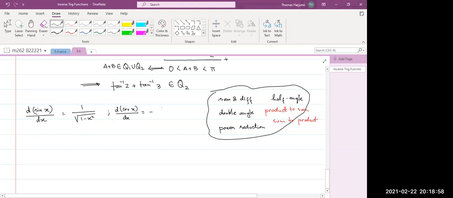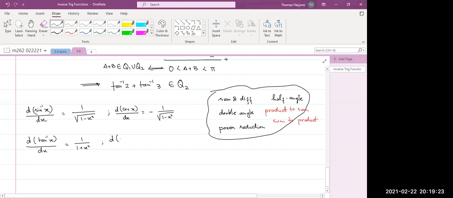This is negative 1 over square root of 1 minus x squared. Derivative of tangent inverse, I'm sorry, this is inverse. Tangent inverse x, with respect to x, is 1 over 1 plus x squared.